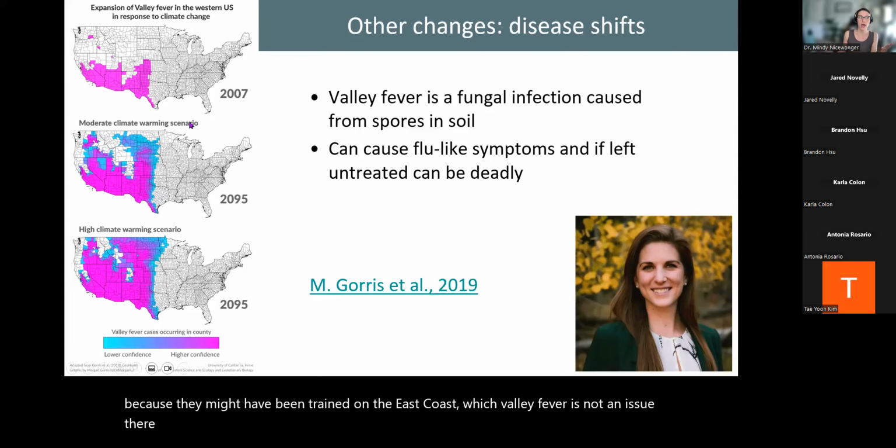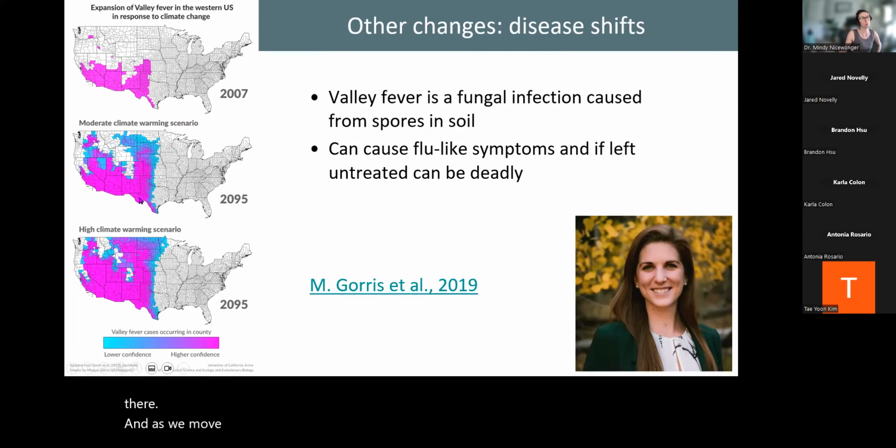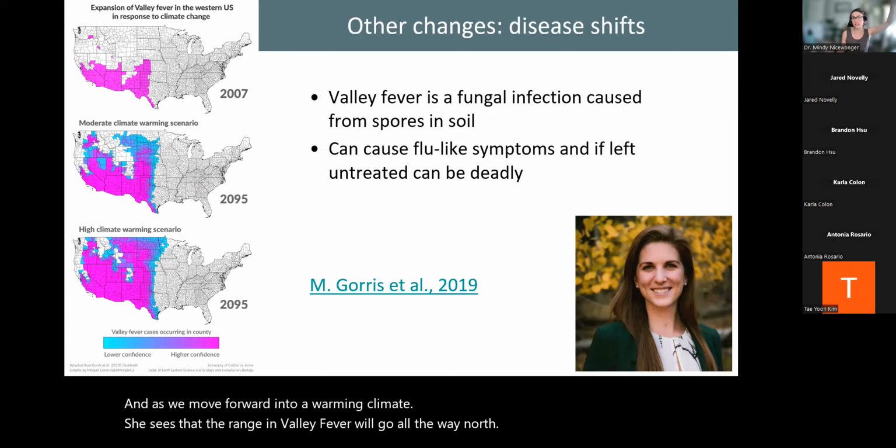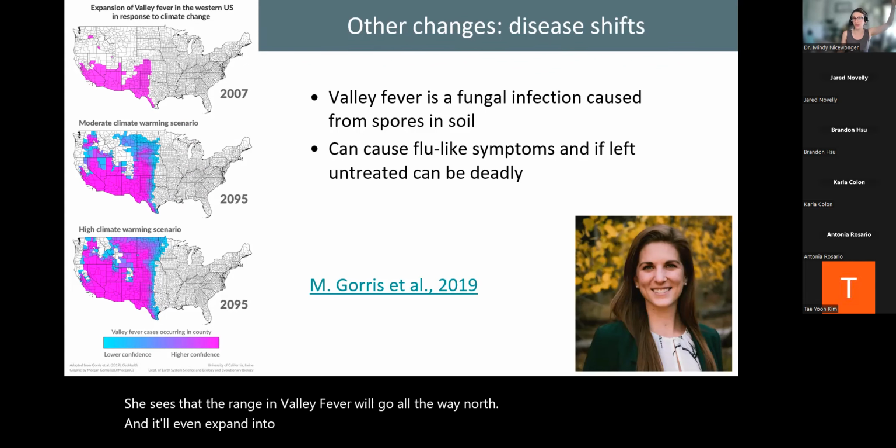And as we move forward into a warming climate, she sees that the range of valley fever will go all the way north and it will even expand into Canada because it's based on soil temperatures.